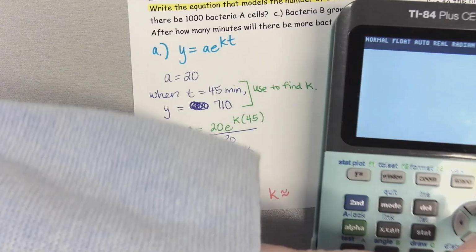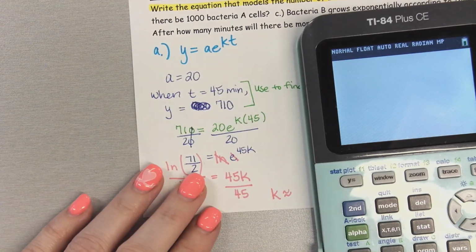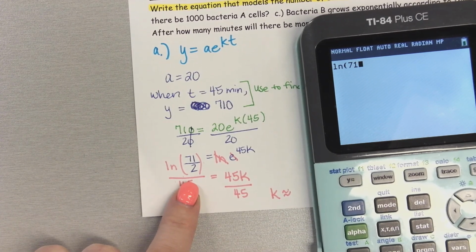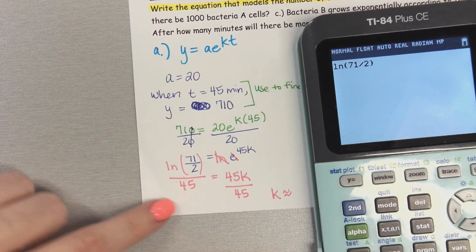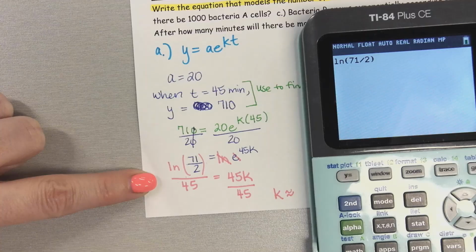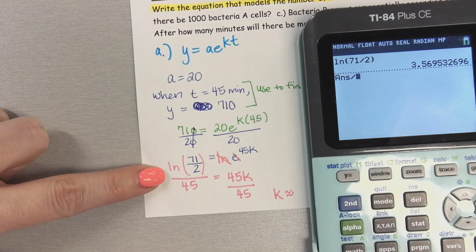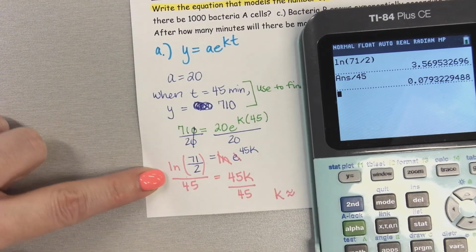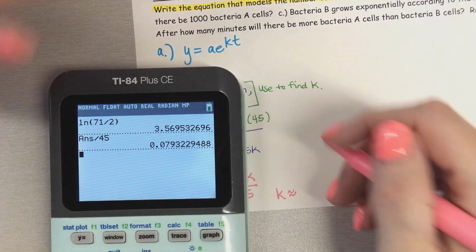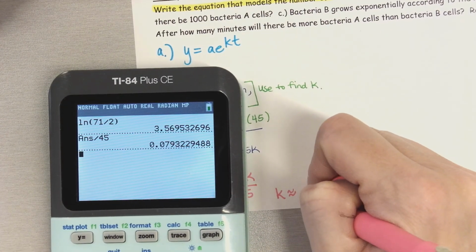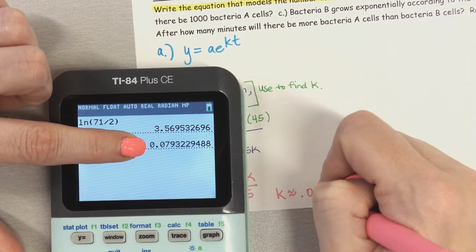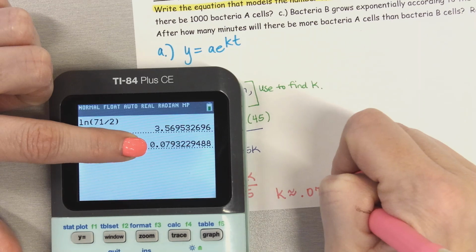Sorry, I'm in polar mode here. Okay, so we're going to do the natural log of 71 divided by 2. Make sure you close your parentheses. And then sometimes I'll do enter and then I'll divide by 45. That part doesn't matter. So if you have a 0, it's 0.0, and then we'll do 5 digits from there. 7932.